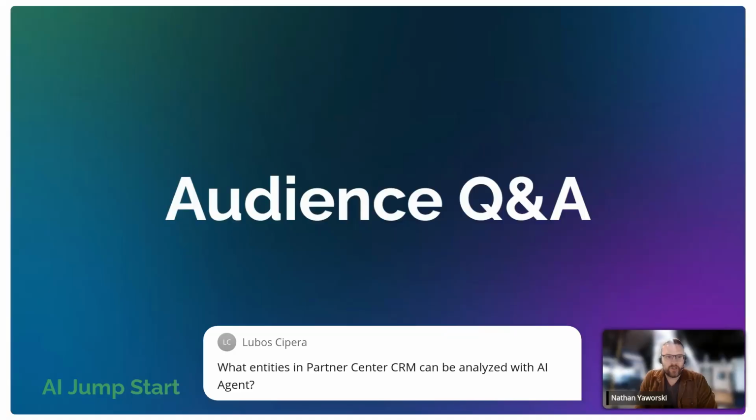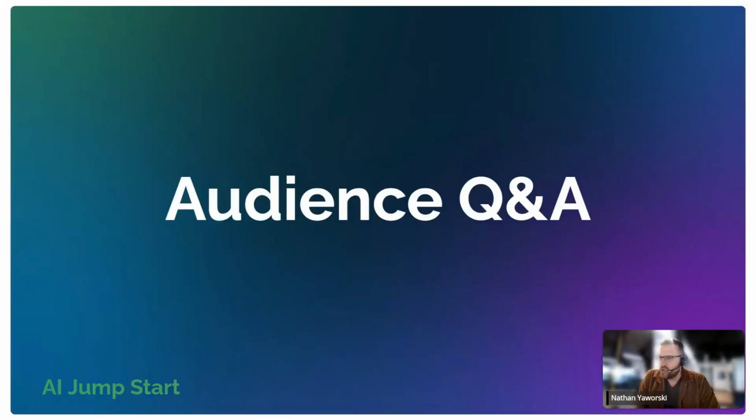If you've had an opportunity in the proposal pipeline stage for over a month, it might suggest, hey, we should maybe look at this to move it across the line. It's been sitting there for a while. Those are some examples. It can also, if you have custom fields in your CRM, analyze those as well. Great question, Lubos.